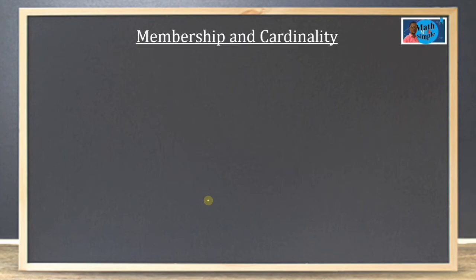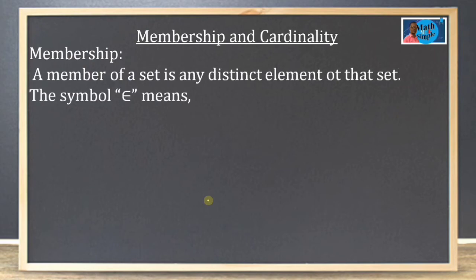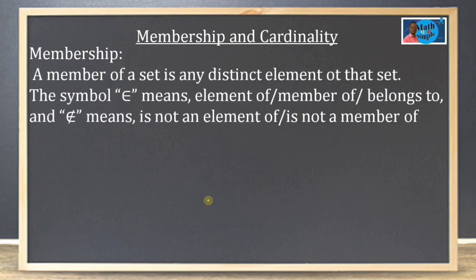Okay, now let us look at membership and cardinality. We'll look at membership first, then later we talk about cardinality. A member of a set is any distinct element of that set. I would love you to look at the word distinct: any distinct element of that set. The symbol ∈ means element of, or member of, or belongs to.